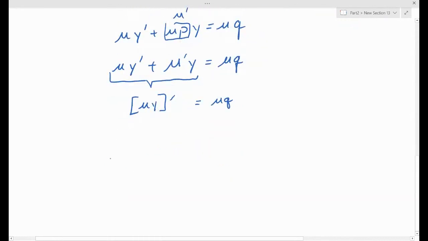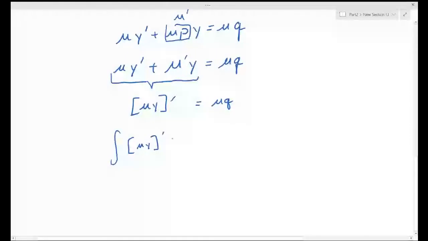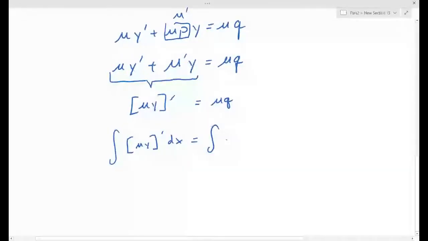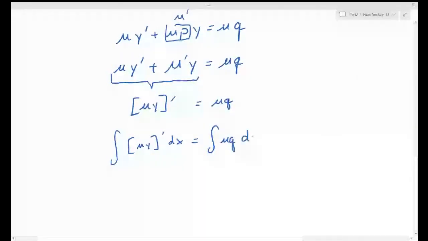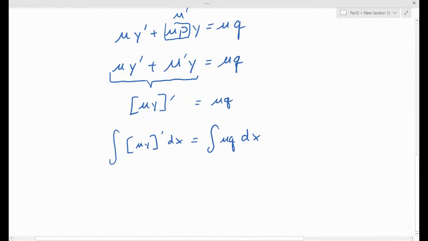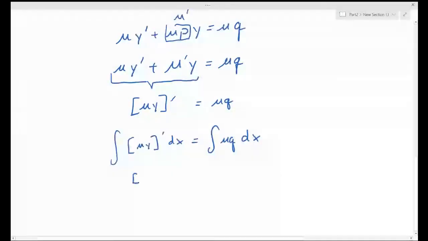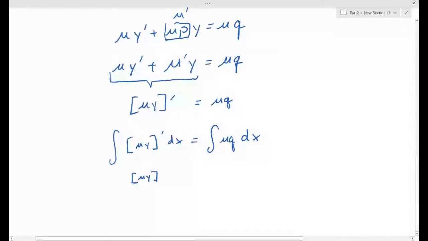And once you know that, you can just integrate both sides with respect to x, or whatever the name of the independent variable is. And of course, integrating the derivative just gives you mu times y, since they are inverse processes.